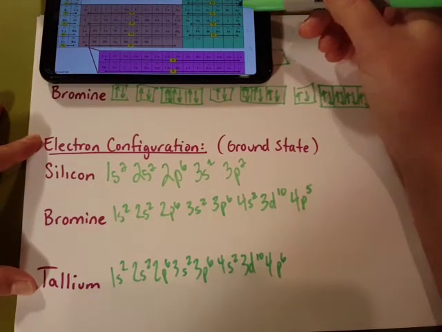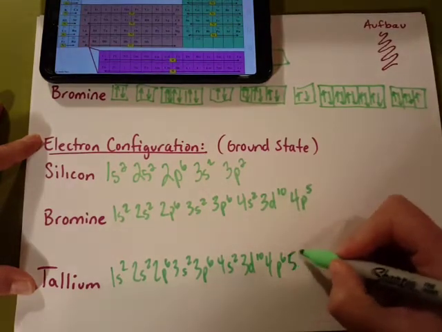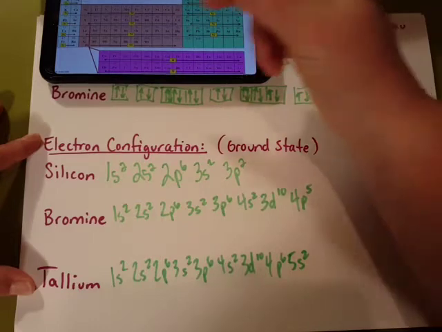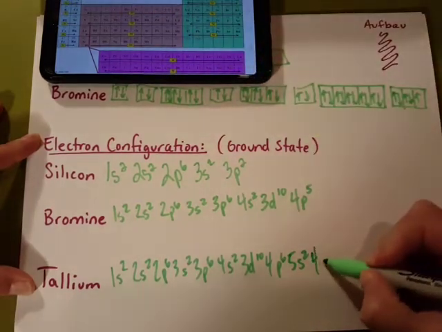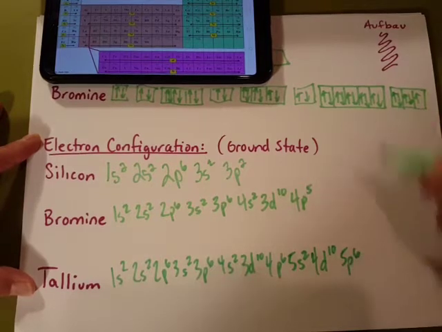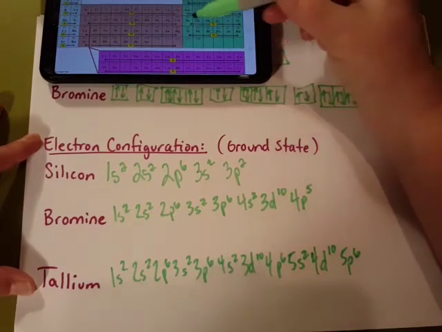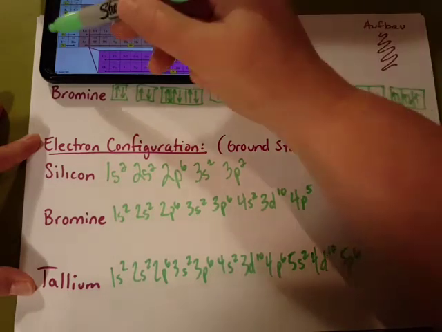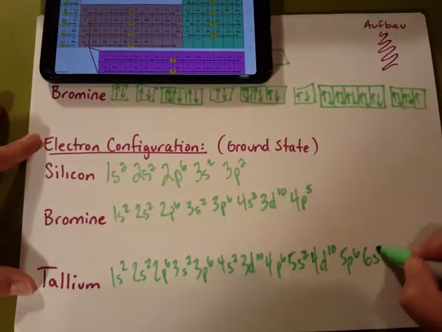Then we're going to go down into the 5s2. Again, just follow along on your Aufbau diagram. So 5s2, then 4d10, 5p6. We exit 5p6 into 6s2.